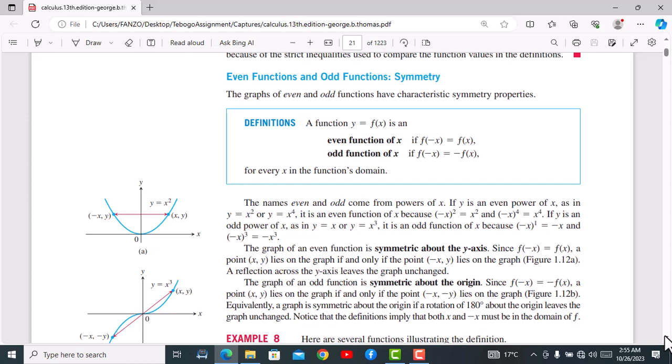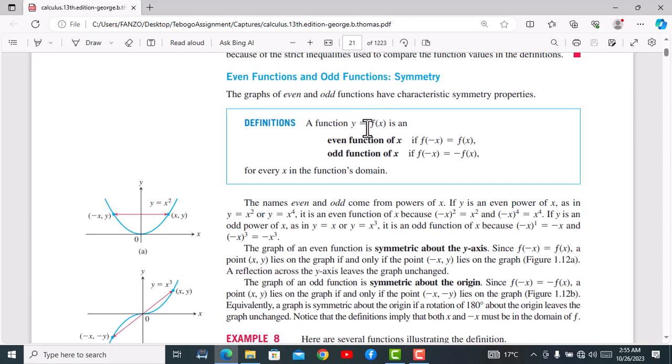Now let us look at even functions and odd functions, symmetry in other words. The graphs of even and odd functions have characteristic symmetry properties. Definition: a function y equals f at x, which is the value of y.